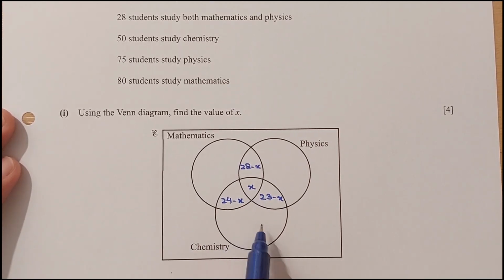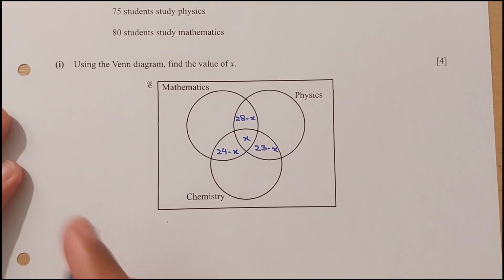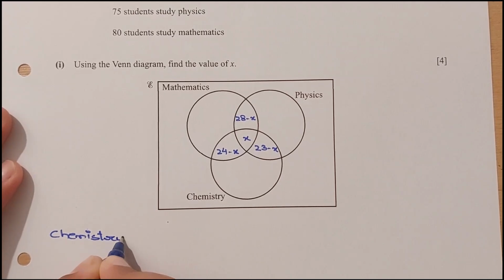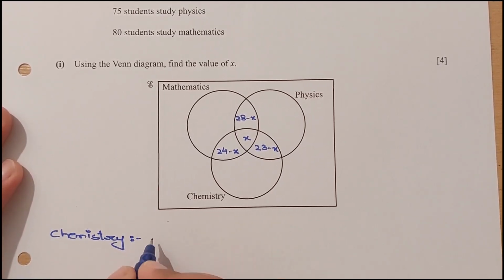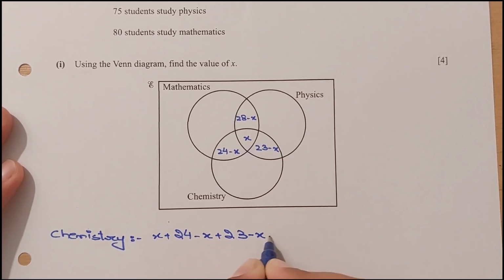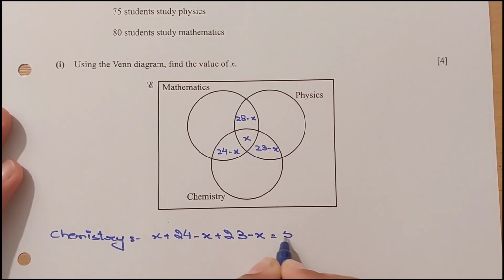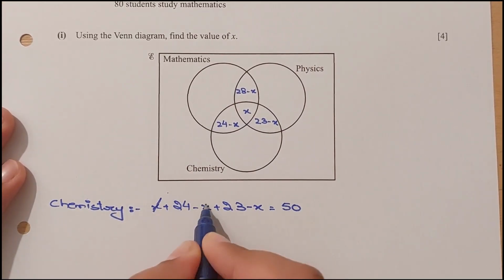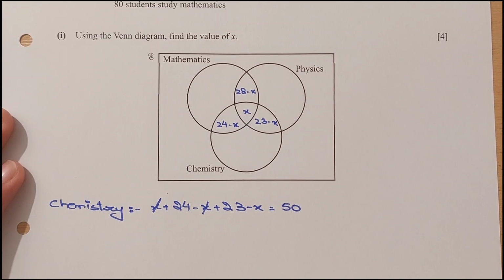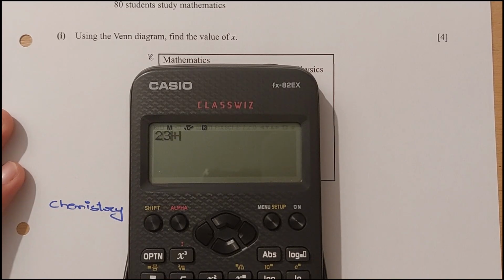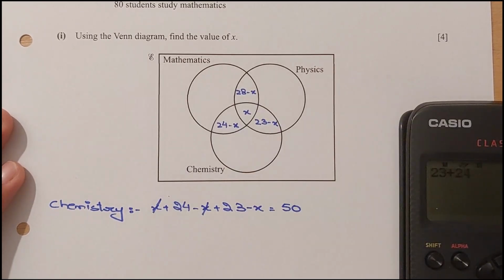So let me find what is in this. Let me do it for chemistry. The total of chemistry is 50, and chemistry is X plus 24 minus X plus 23 minus X, which is equal to 50. Let me simplify. We can cancel positive X and negative X, and 23 plus 24 is 47.